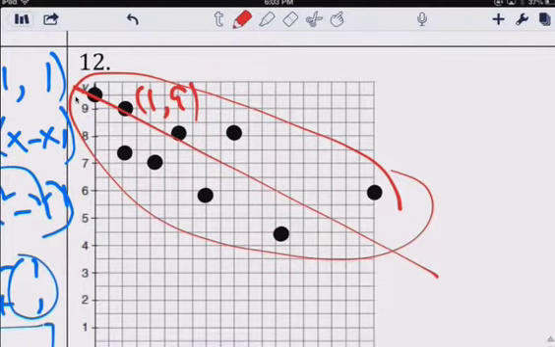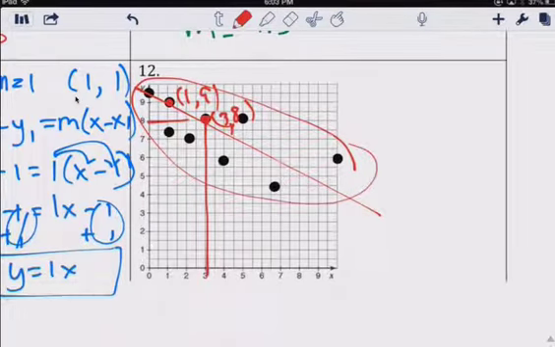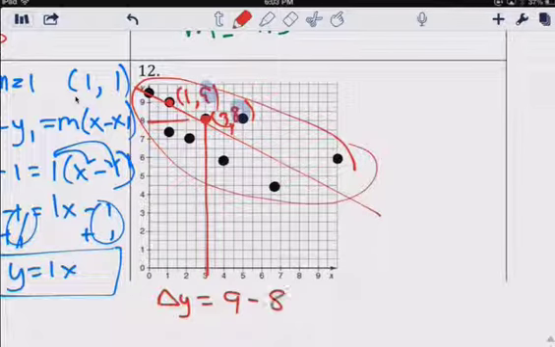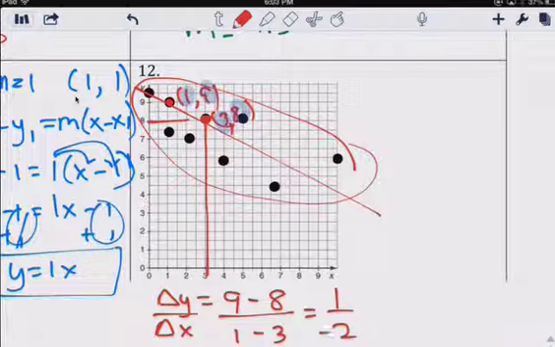We'll just use this one, (3, 8). Okay. Alright. The change in y went from 9 to 8. And the change in x went from 1 to 3. 1 over 2, negative.